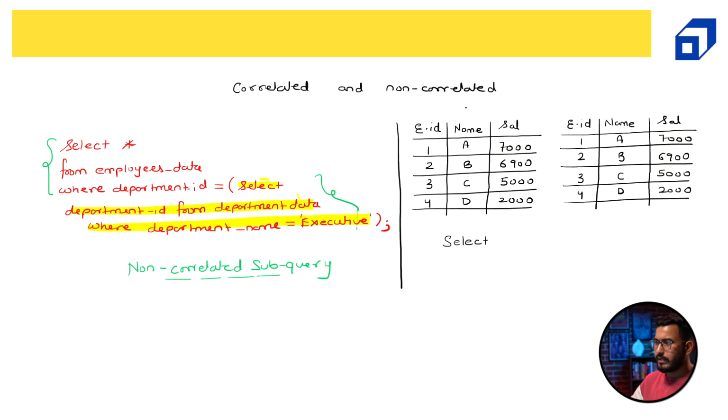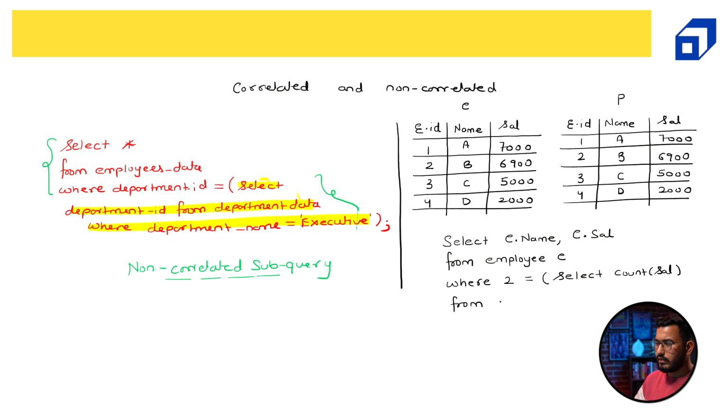Select, I'll call this table E while this table P. So I need E dot name, comma, E dot salary, from the table, let's assume the table name is employee, followed by the where clause, where 2 is equal to, and then we write a subquery: select count of salary from the table employee P. This is the same table, but we have referred to it two times with aliases E and P. So from employee P, there is a condition where P dot salary is greater than or equal to E dot salary.